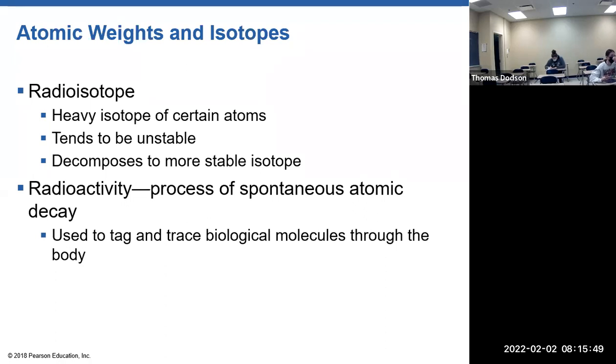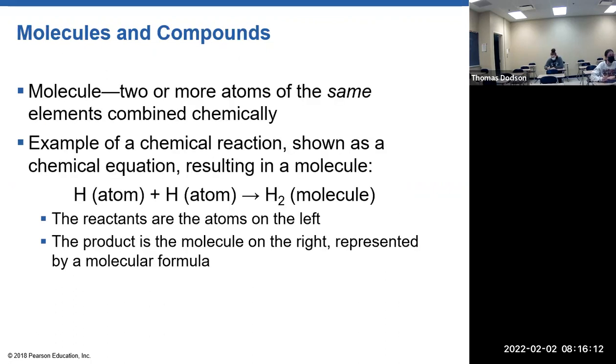So if you've ever had an MRI and they inject you with something to detect as it goes through, this would be related to that. So that's why I think isotopes are really cool.